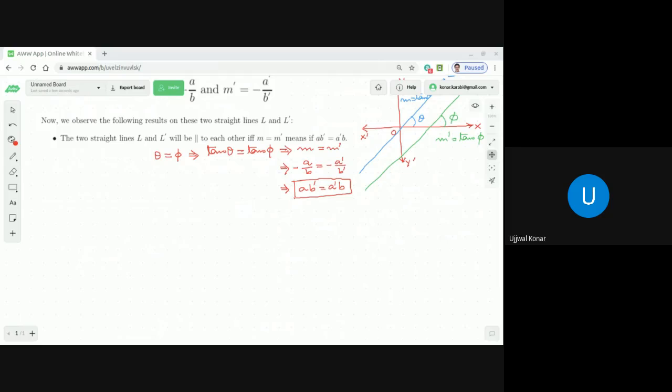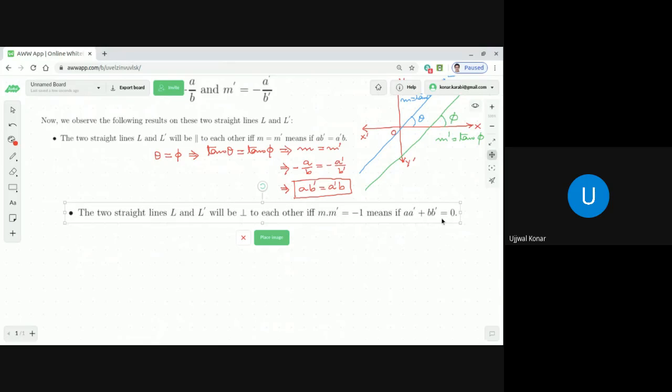That means m into m dash should be equal to -1. Then we can say that these two straight lines are perpendicular to each other. Let us understand this situation as well. So how can we do this? Let us make a visual representation.